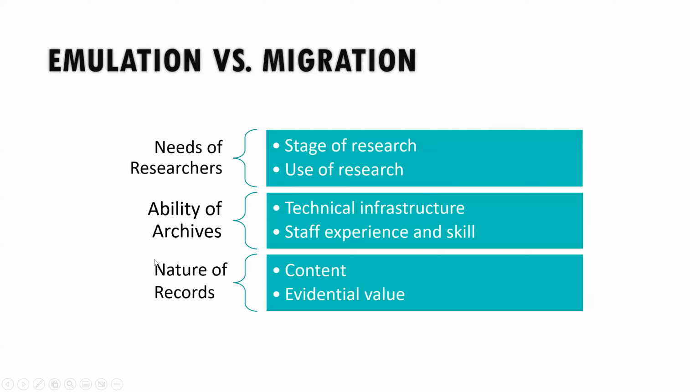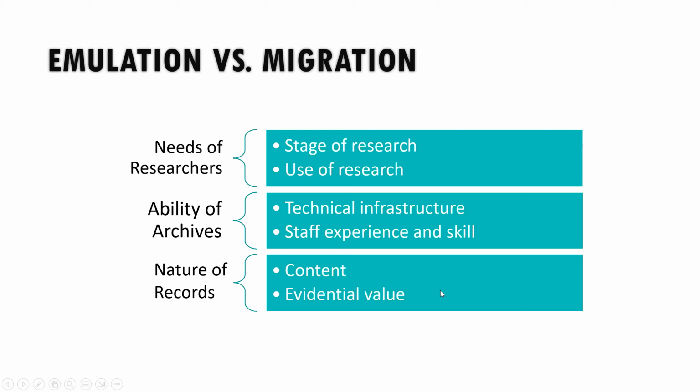And also you want to look at the nature of the records. So, what is the content of the record? Is the content extremely important? In which case emulation or copy and provide might be better choices because of the level of authenticity that's maintained. Does the record have strong evidential value?